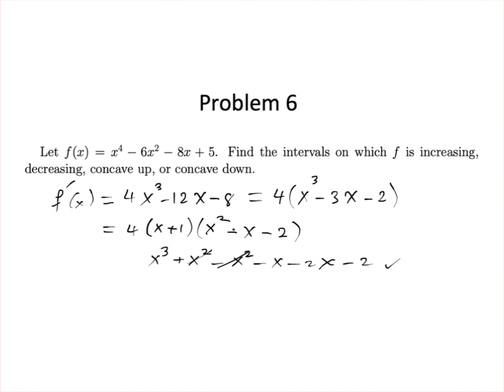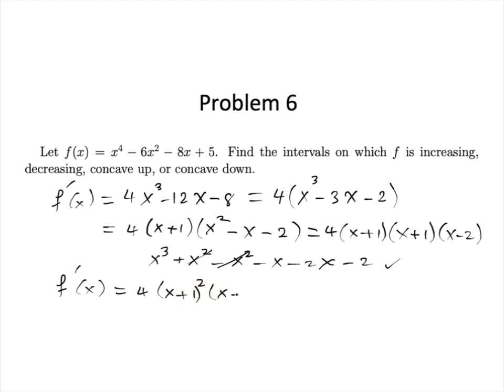Now this quadratic happened to be factorable too, so I can continue by factoring this quadratic. X plus 1 and x minus 2 are the factors. You can check by FOIL. So now I have f prime of x, and that's equal to 4 times x plus 1 squared times x minus 2.